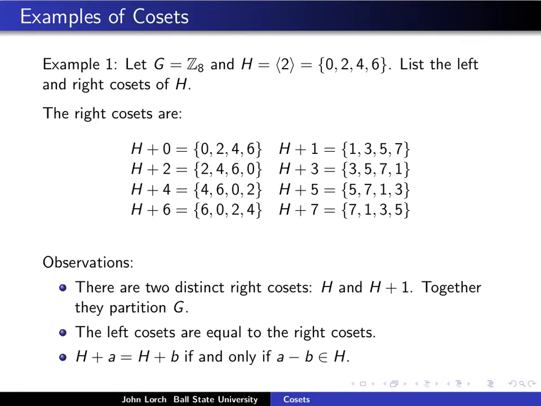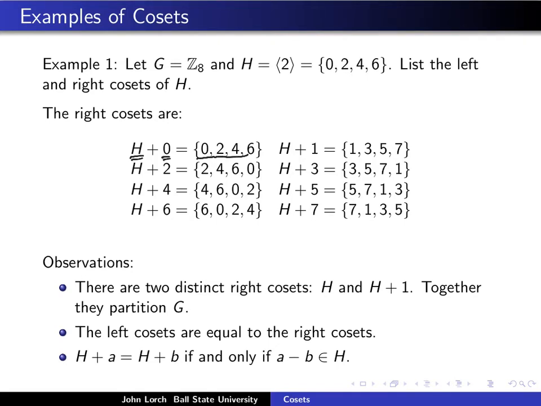What we're going to do is list the left and right cosets of H in G. Here in the middle of the slide, we see the right cosets of H. We can begin by taking H and adding 0 to every element of H on the right. That really doesn't have much effect on H. We take 0 plus 0 to get 0, 2 plus 0 to get 2, 4 plus 0 to get 4, and 6 plus 0 to get 6. And that yields exactly what we started with.